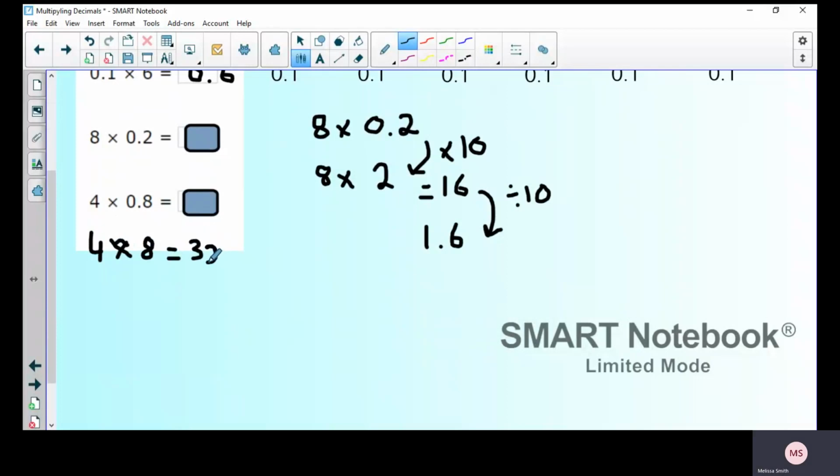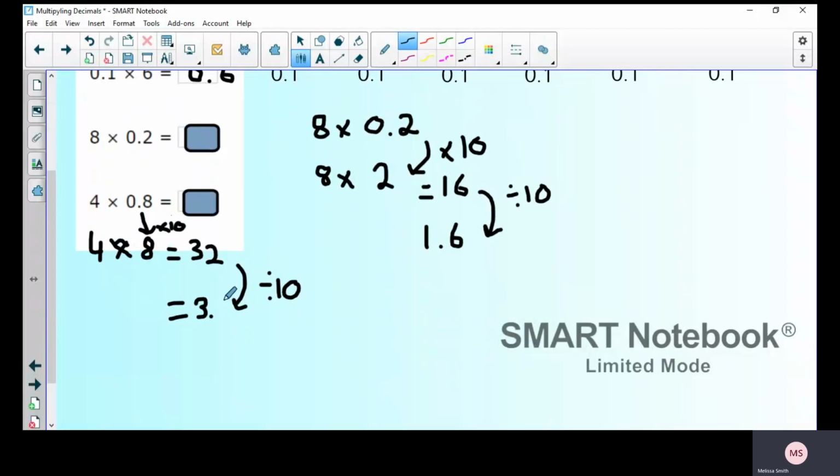What did I do to my 0.8 to get 8? I multiplied it by 10. So my answer is 10 times bigger than what it should be. So what do I now need to do to get 4 times 0.8? I have to divide it by 10. So my answer is 3.2.